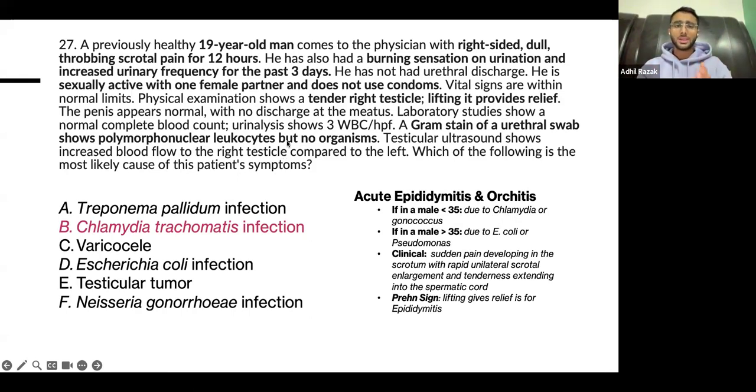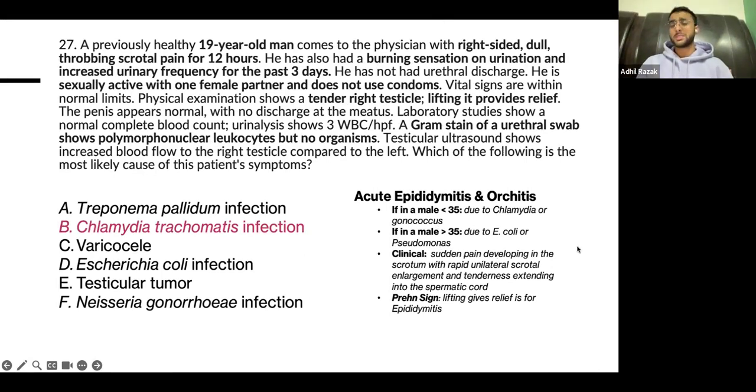If the gram stain shows nothing except polymorphonuclear leukocytes, it's chlamydia, which is why F is scratched out of the answer, because without this line, F might as well be the answer. But if it's a male over 35 years old, the cause of acute epididymitis or orchitis is E. coli or Pseudomonas.